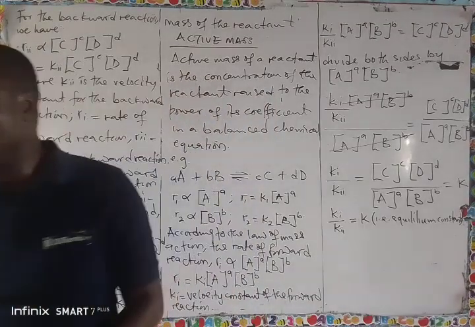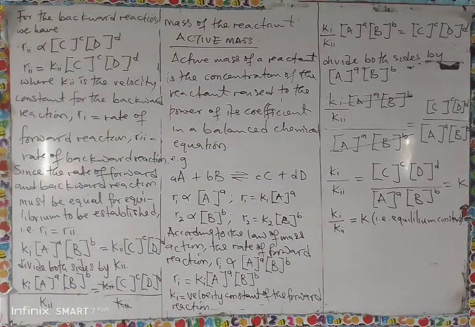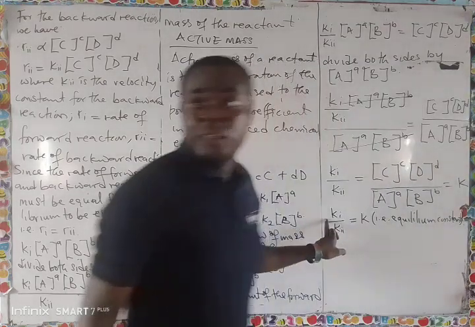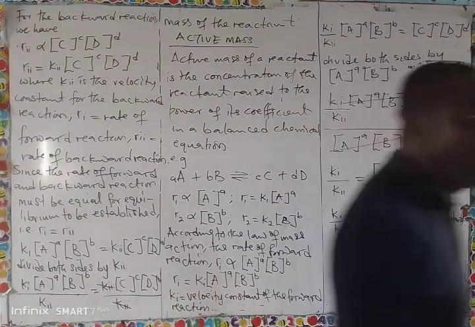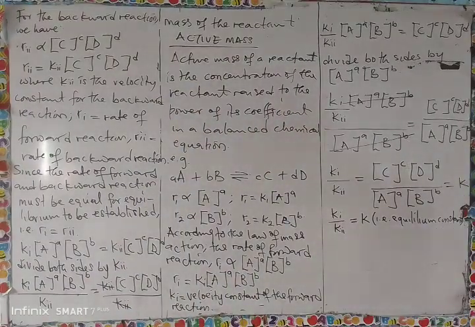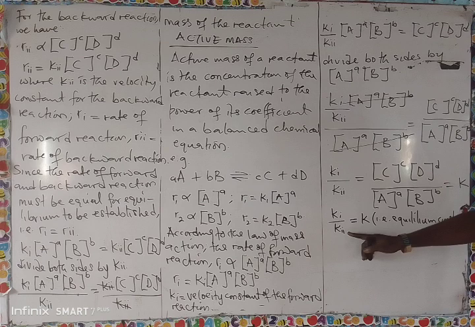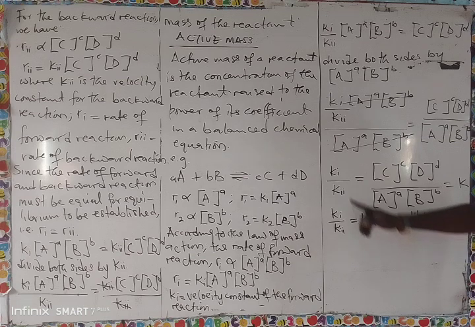When we started, I told you that there is something you will not understand until I come to the end of this story. I define the equilibrium constant as the ratio between the velocity constant of the forward reaction and the velocity constant of the backward reaction, which is K. Equilibrium constant K equals this one over this one, which is the same as this one.